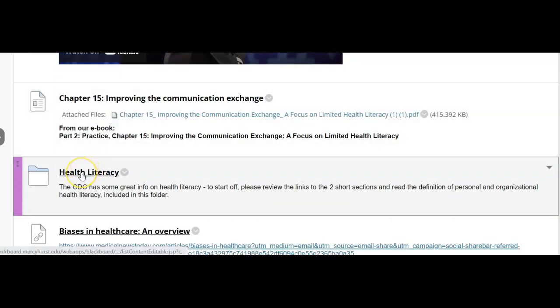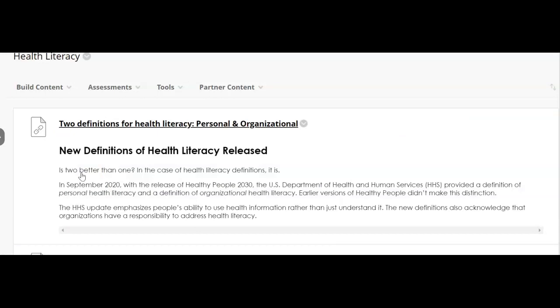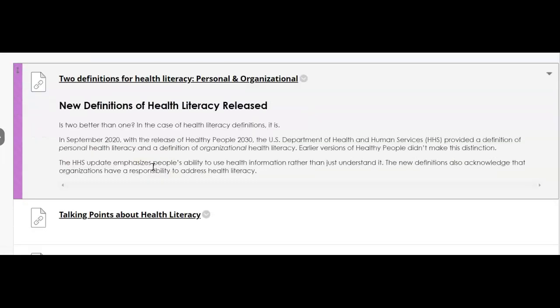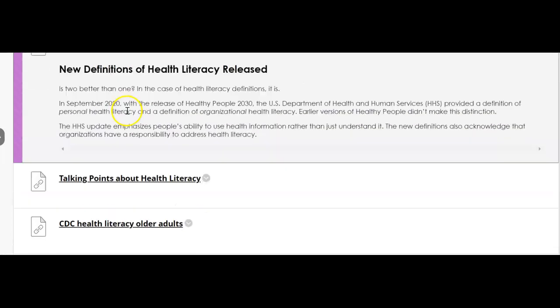And then when you look at health literacy in this folder, you're going to find just 3 things. The first one is nothing that you have to definitely click on, but it's new definitions of health literacy that were released in 2020. And I think you're going to find those definitions very important to know for this learning unit.